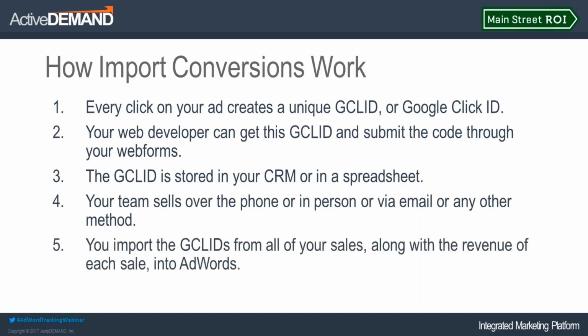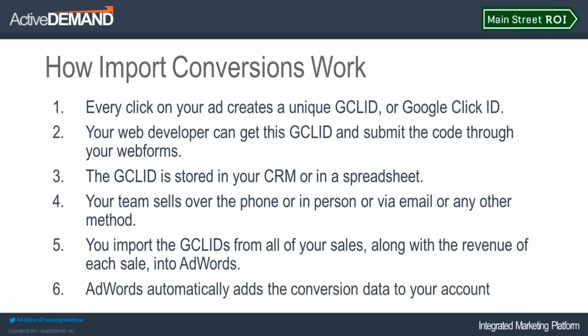And then let's say a month goes by and you've had 10 deals closed and they had GCLIDs assigned to them. So that would be in your CRM or in the spreadsheet. You then need to import the GCLID codes back into Google AdWords, and ideally you also import the revenue from those sales.